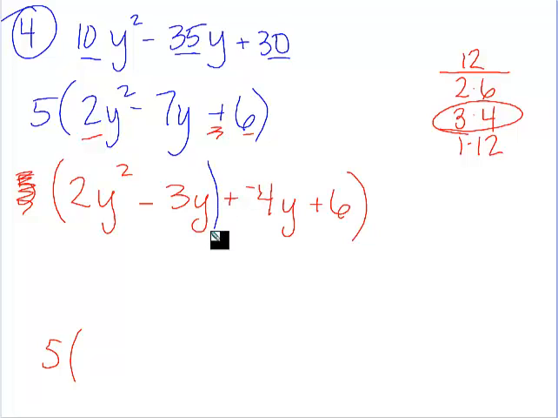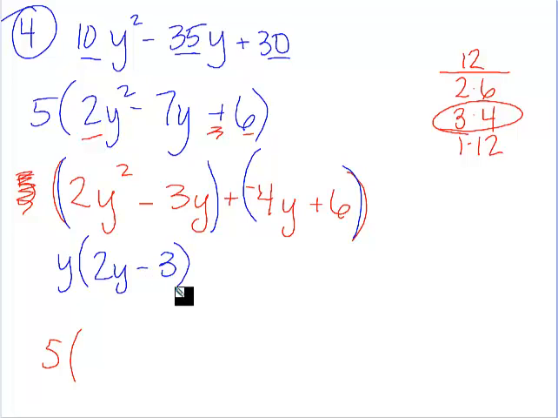So we'll group those first two together and the last two together. And then what do we do in each group? Take out greatest common factors. So what's the greatest common factor of the first group? Y. So we take the y out and we are left with what? 2y minus 3. Good.